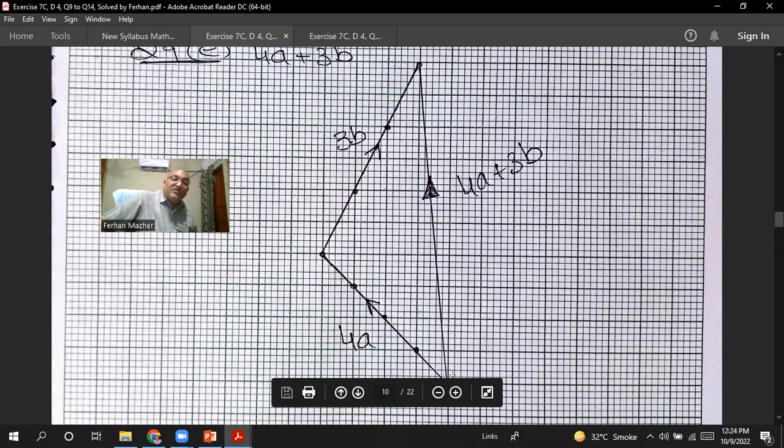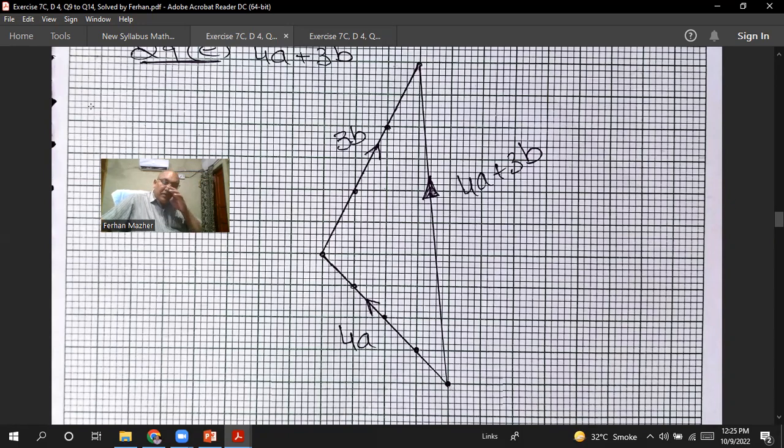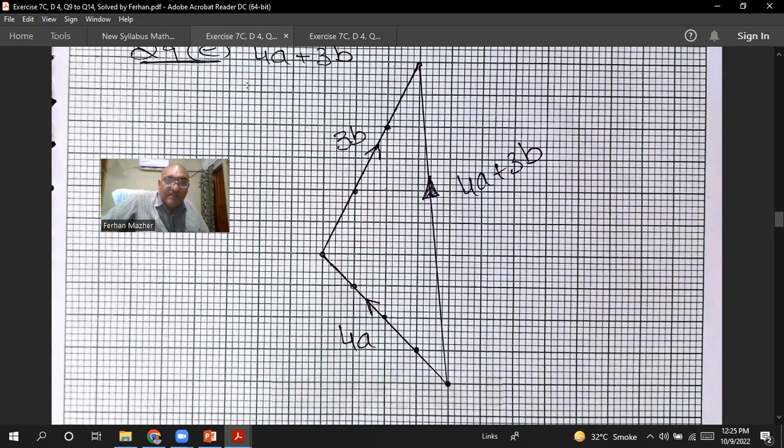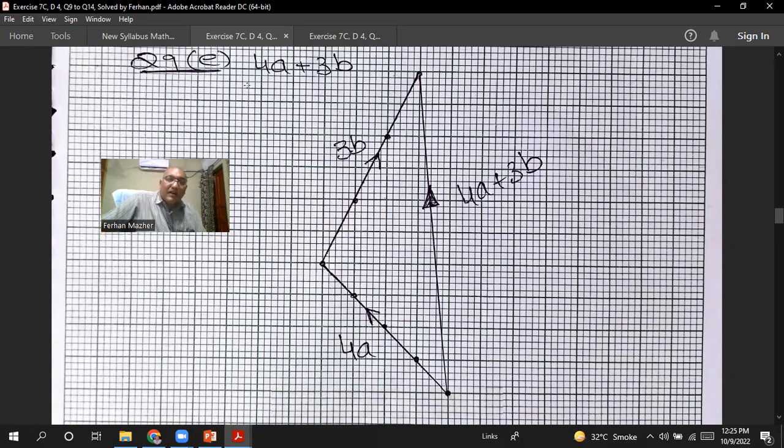If you join the starting point with this point, it will be 4A. Then you have to represent 3B. So one to the right, two steps up, one to the right, two steps up, one to the right, two steps up. So that will be 3B. Okay. So join the tail of the first vector with the head of the last vector. That will be 4A plus 3B. So this is how you represent this on a graph paper.